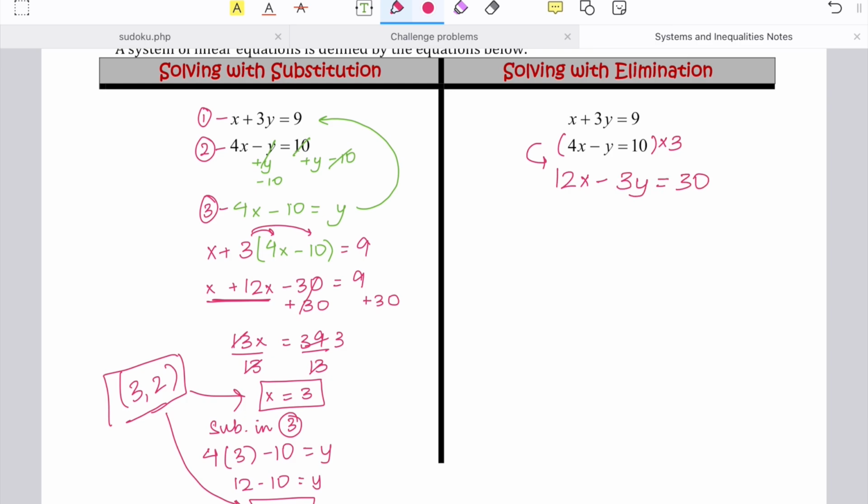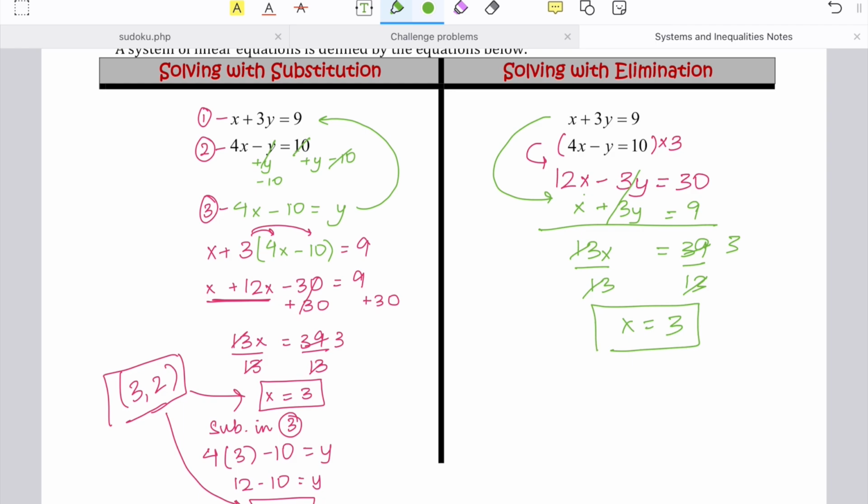And just bring my first equation, x plus 3y is equal to 9. Add them because minus 3y plus 3y is 0, right? 12x plus x is 13x. 30 plus 9 is 39. Divide both sides by 13, and I get x is equal to 3.